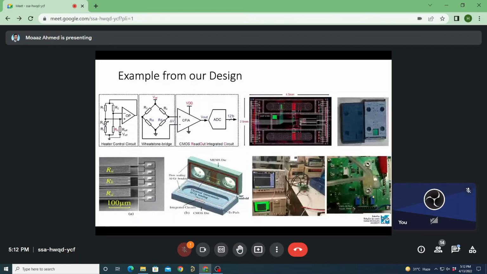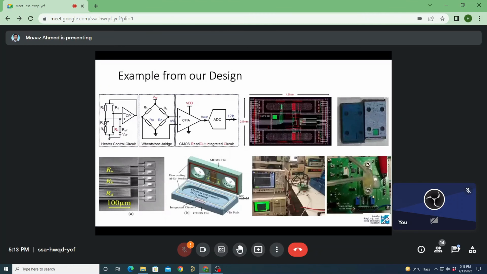Most MEMS sensors need a heater. Using the heater and an op-amp in feedback, we try to maintain a constant temperature difference between the upstream and downstream resistors, RU and RD, which are arranged in the Wheatstone bridge.